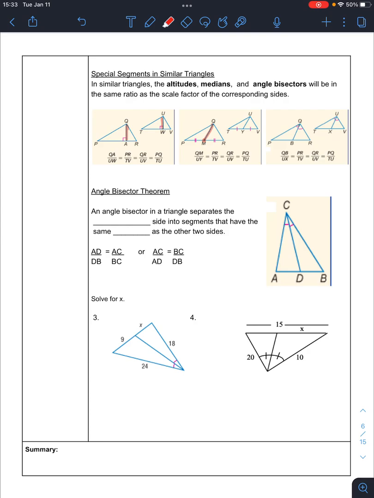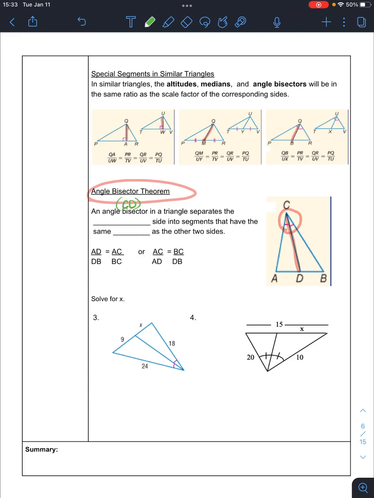And then the one that we're going to focus on is the angle bisector. QB is the angle bisector. It bisects the sides, and then what it does is it says right here, the angle bisector theorem says that the angle bisector, so in this picture right here, the angle bisector is CD. See how it bisects the angle. So CD is the angle bisector. Okay, so just put a note there.